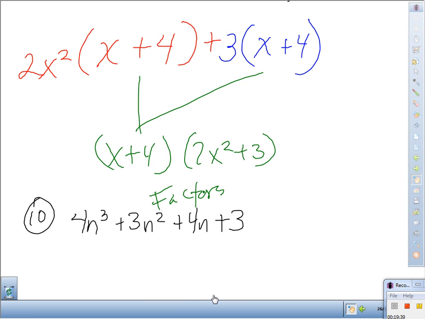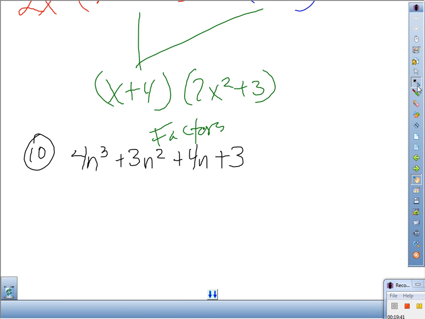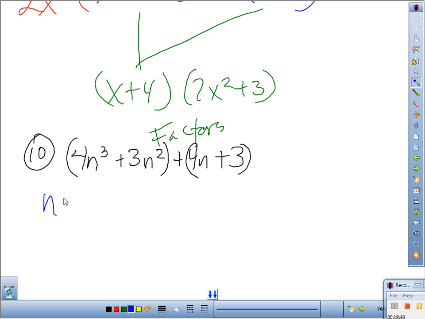Here goes the process. How many terms do you see? 4, so we group them in 2's. These 2 and these 2. So GCF for these 2 is n squared. So we're left with 4n plus 3.